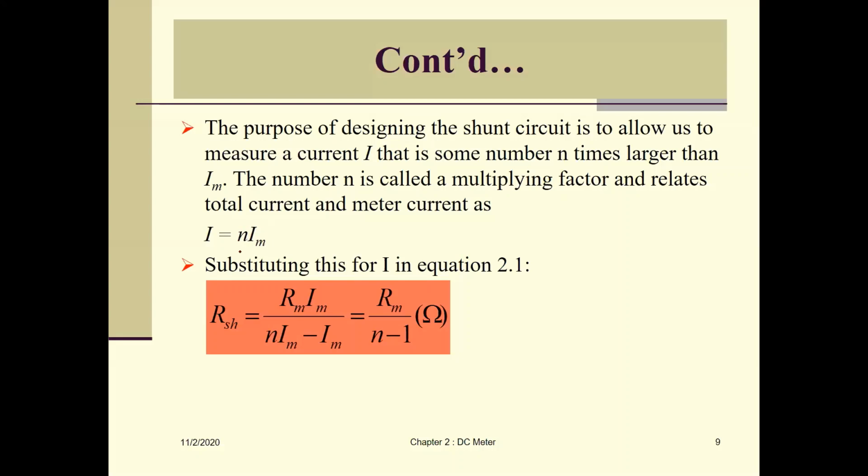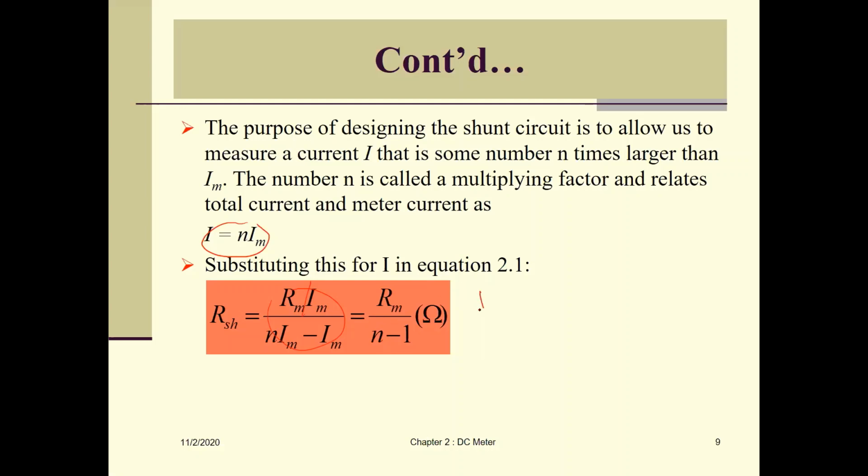This is the formula for the multiplying factor. We substitute this into formula 2.1, the formula to calculate R shunt, so we get this. Then simplify: cancel out the IM, and we get RM divided by n minus 1.